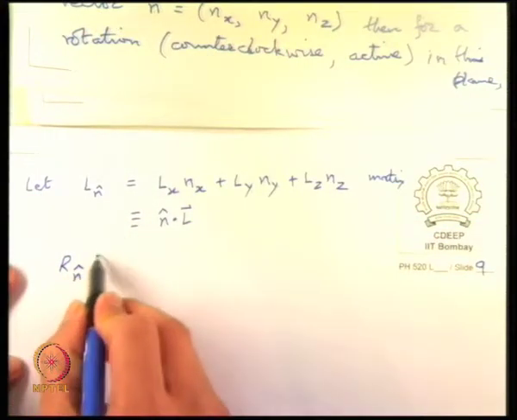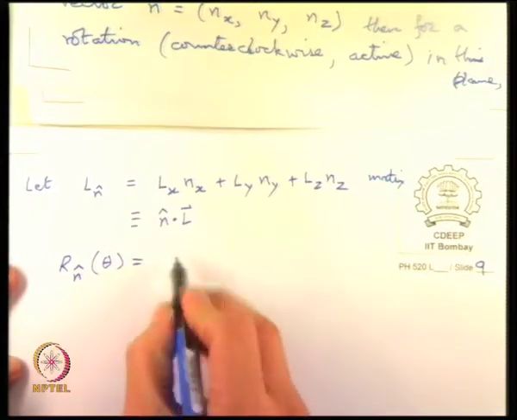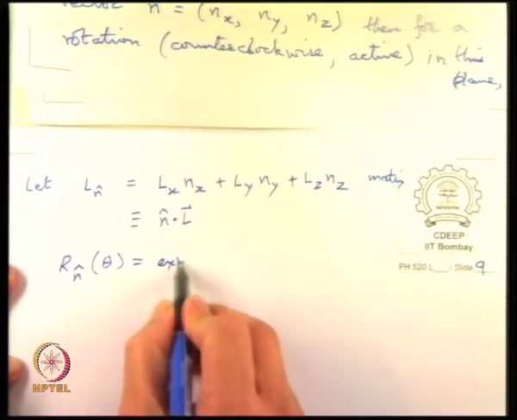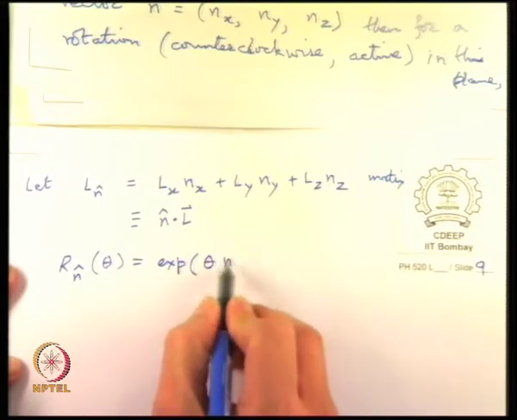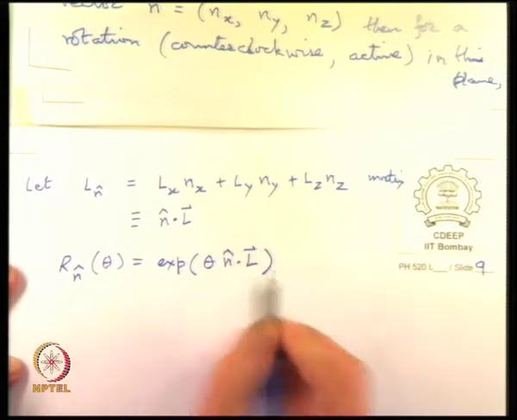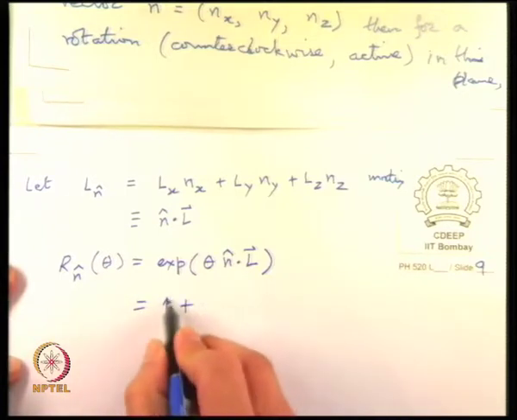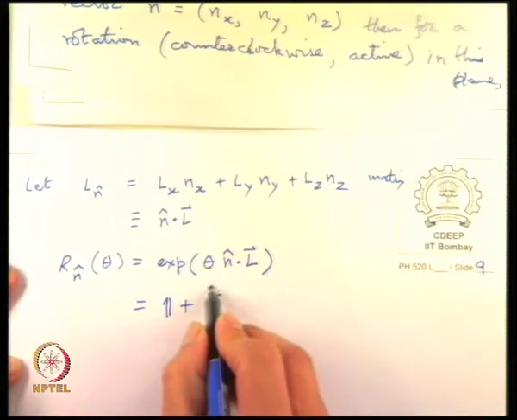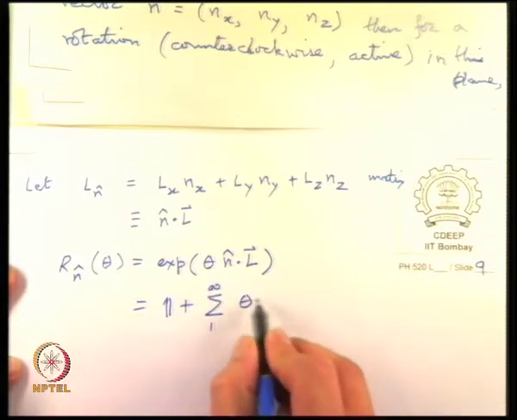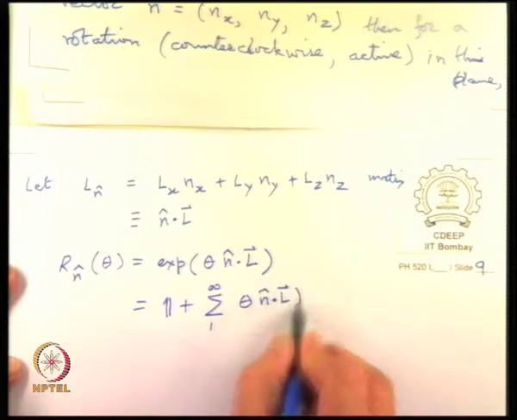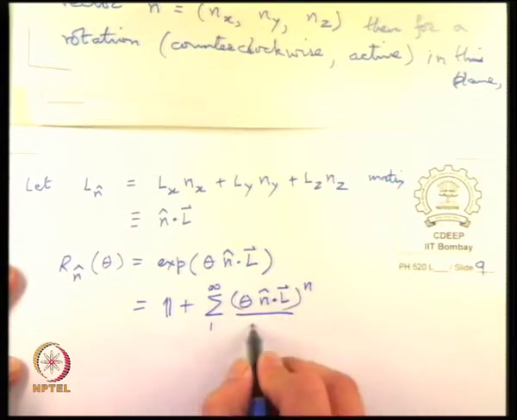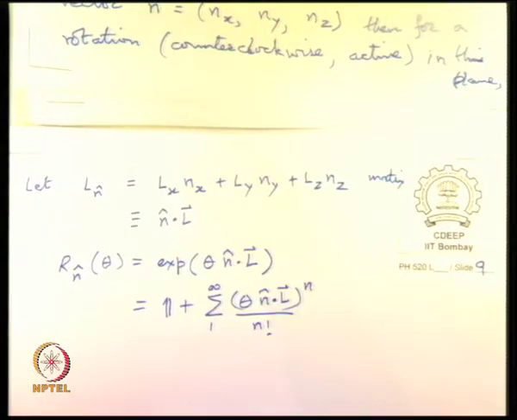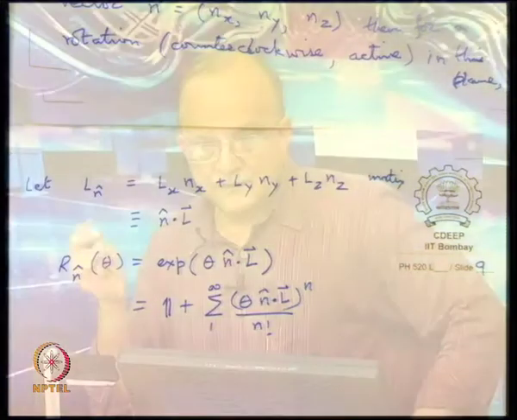So then R n cap of theta is simply equal to exponent of theta times n cap dot L, which is equal to 1 plus the summation from 1 to infinity of theta n cap dot L to the power n over n factorial. So this is very clear, right? It's obvious that this is how it will work.